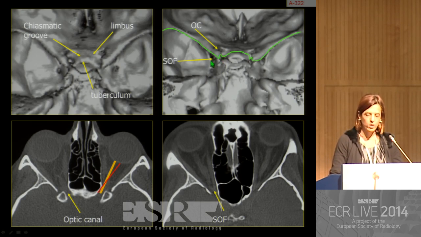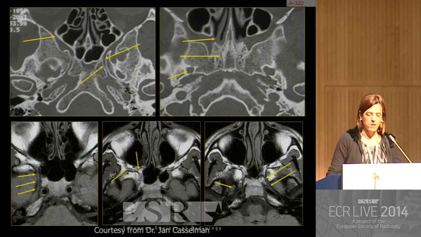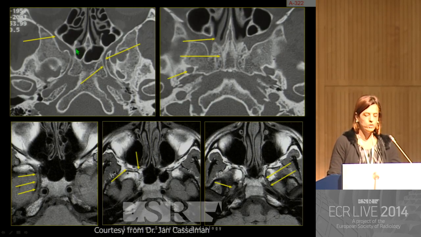A little bit more inferior and laterally, you can see the superior orbital fissure, and this fissure gives passage to cranial nerves 3, 4, 5-1, 6, and the superior orbital vein. Moving a little bit more downward, you get to this canal, which is the foramen rotundum, which is actually a canal.